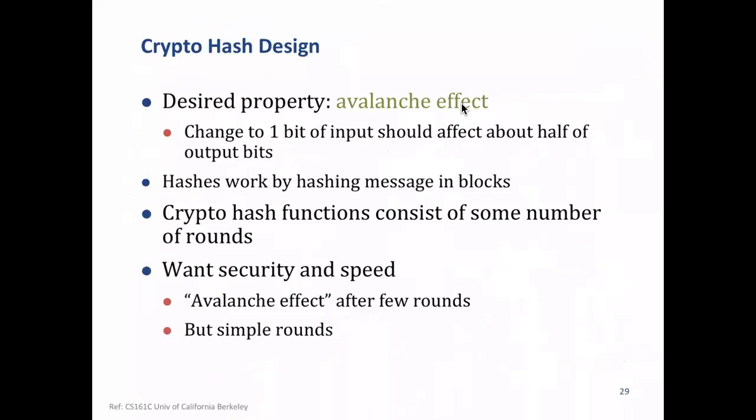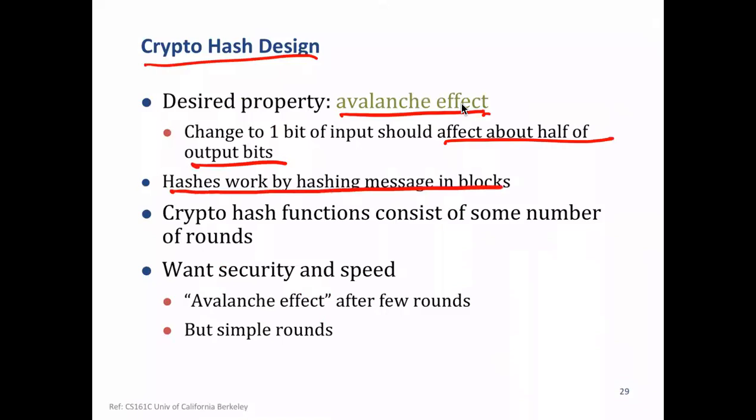All right, some properties when you're designing a crypto hash: it has the avalanche effect. We have already studied that changing one bit of input should result in a huge amount of change in output. It says that at least half of the output bits should change. Okay, hashes work by hashing the message in blocks.